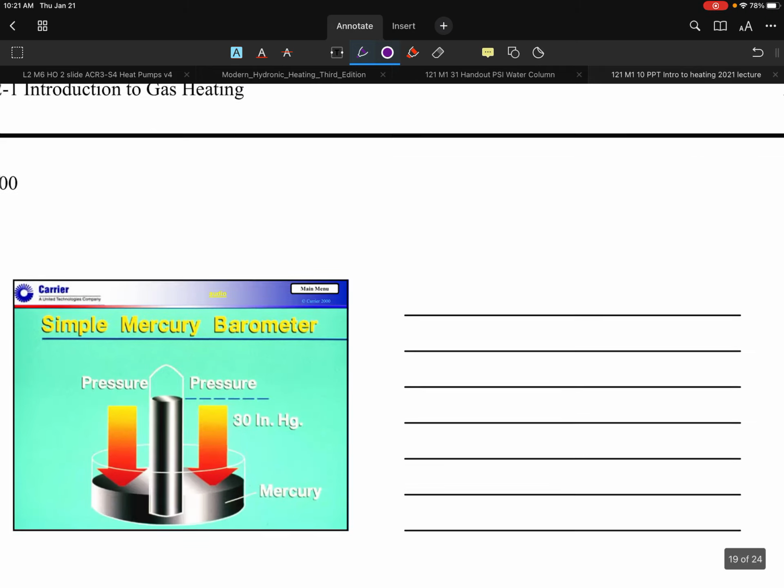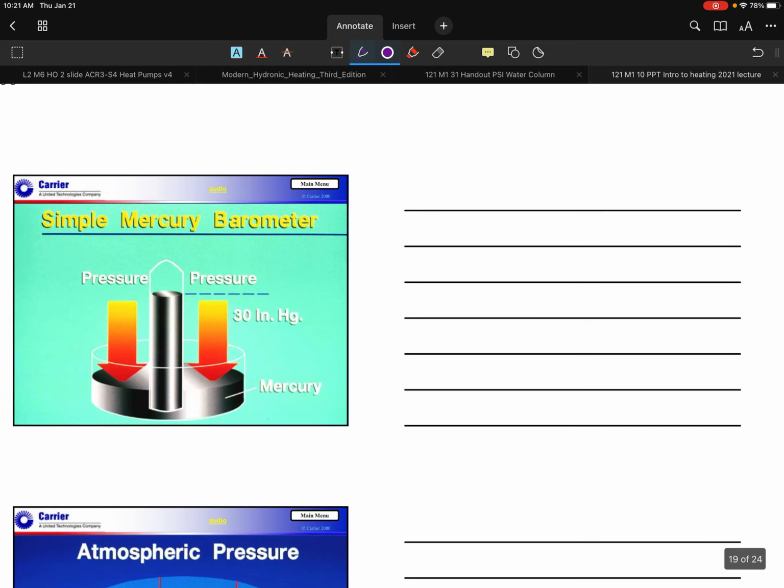So let's go to the next one here. In this slide, we're listing our barometer, our pressure, showing the column of fluid that's roughly about 30 inches high. So we know that number is going to change.